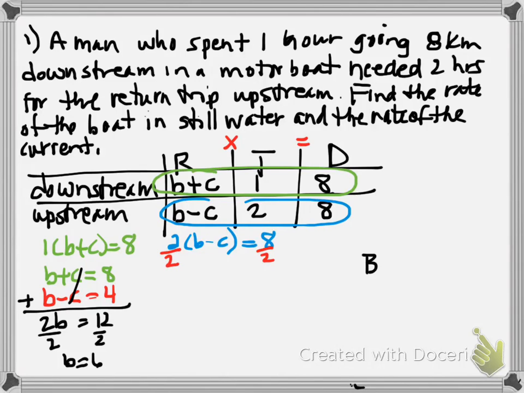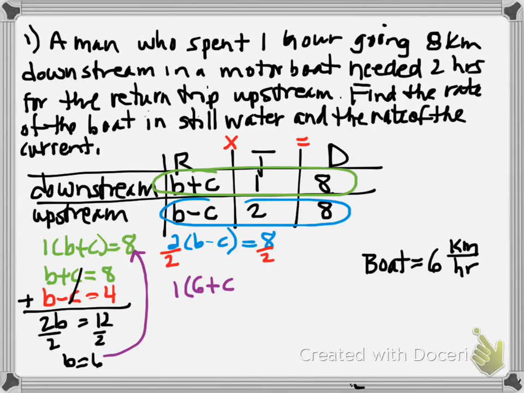So we write boat equals, now remember, this is representing the rate, so I need a rate label, which is distance over time. So we have kilometers per hour. Now here's the hard part that people want to fuss with, because they think it requires more work, but it's best to plug these values back into the original equations so that you can try to catch your mistake.